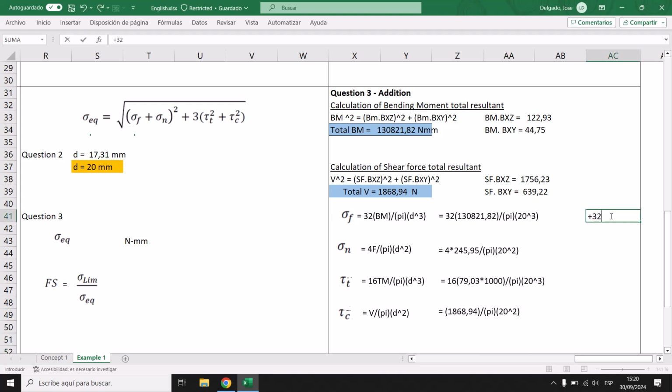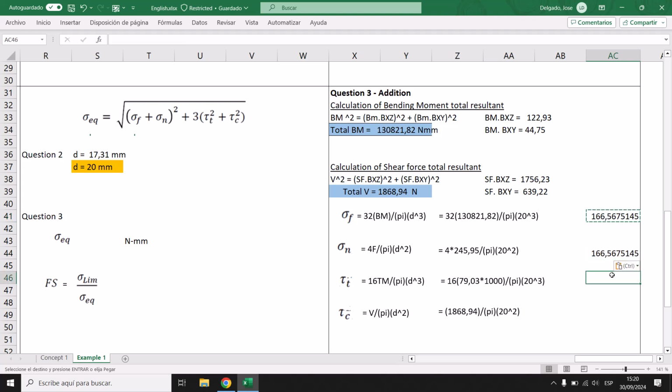Don't worry, because now we don't need our symbol up to help our problem. Divide it by pi, multiply 20, and this is cubed. Okay, this is going to be the first value.